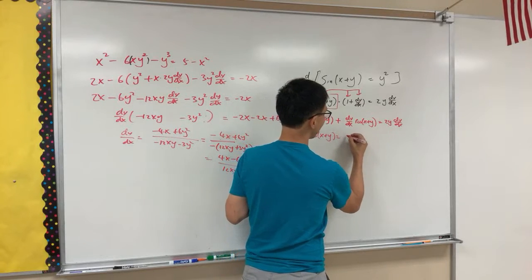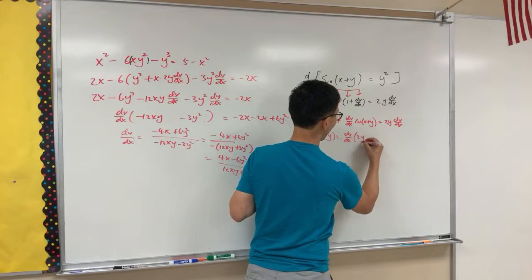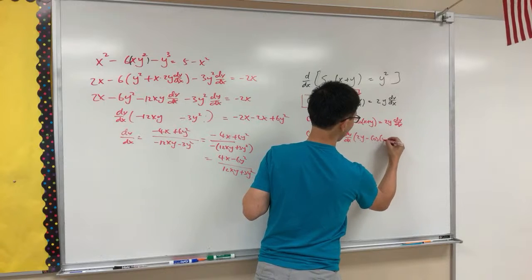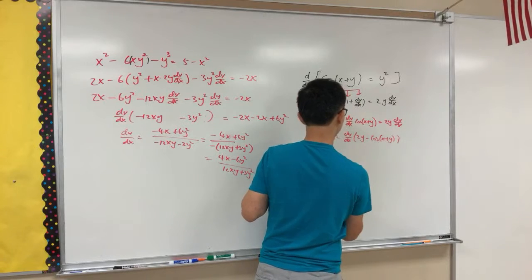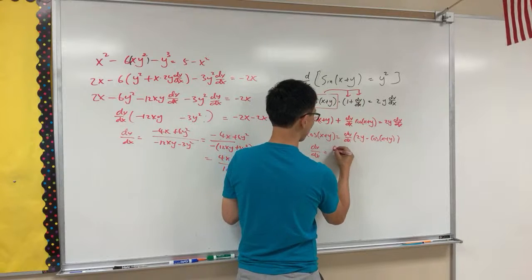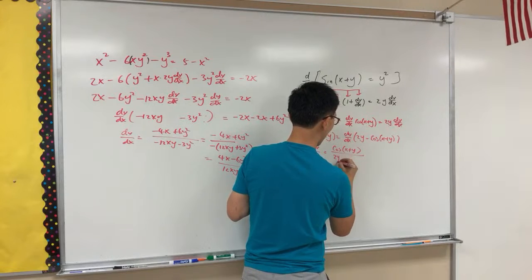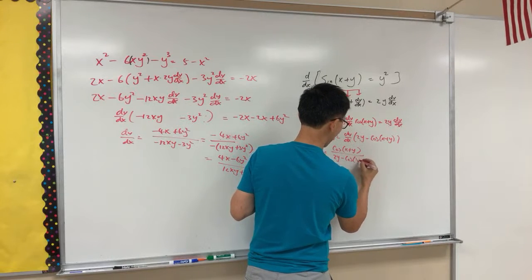Cosine of x plus y is equal to dy dx, and I'm going to factor it out, so that's 2y minus cosine of x plus y. Then divide over, and you're done. So your answer is cosine of x plus y over 2y minus cosine of x plus y.